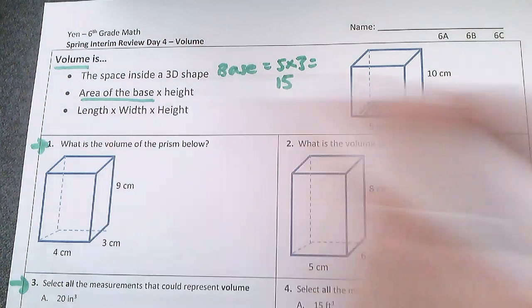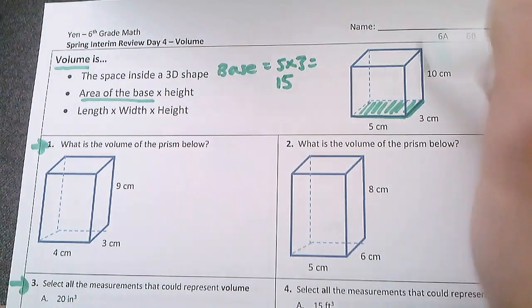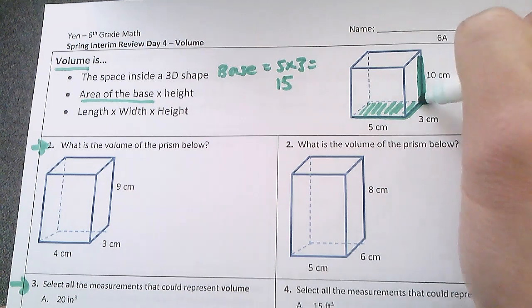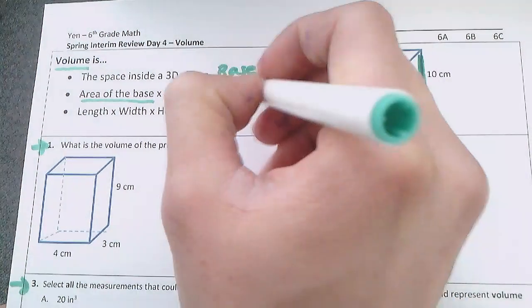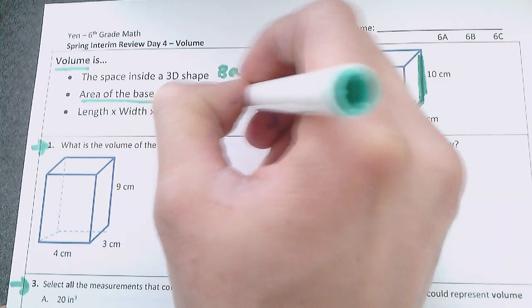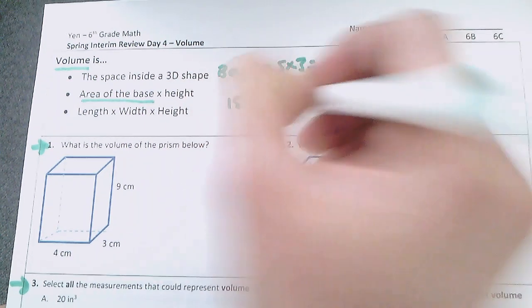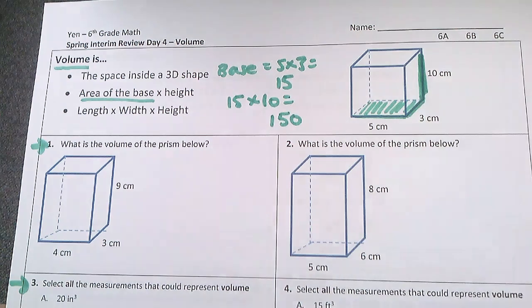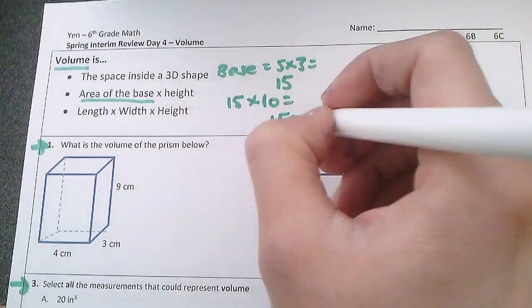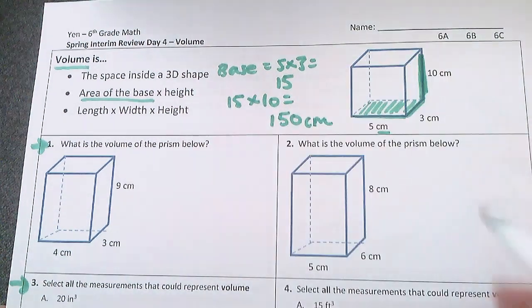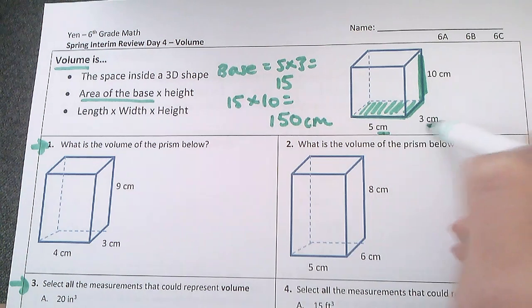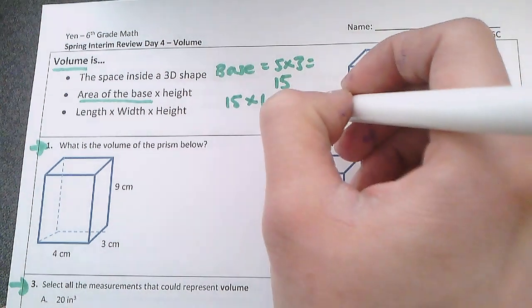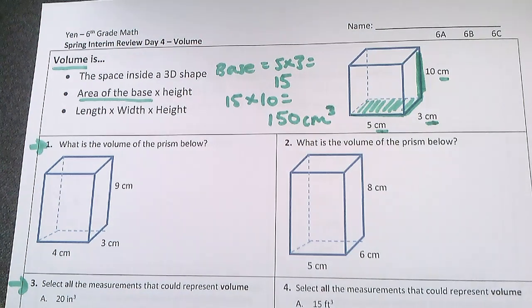Then it's the area of the base times the height, which is this guy right here, which is 10. So 15 times 10 gives 150. My units are centimeters, and since I'm multiplying centimeters by centimeters by centimeters, it's centimeters to the third power, or centimeters cubed.